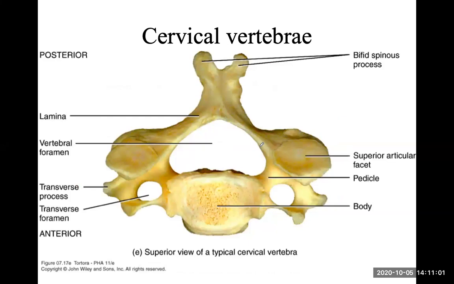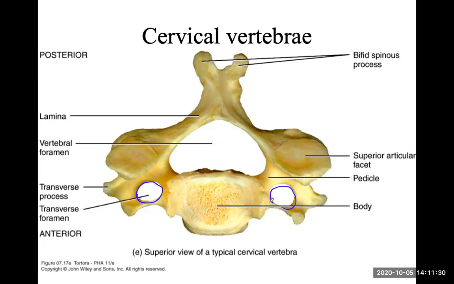Now, in this picture, I'm showing you a cervical vertebra. One of the more visible structures in the cervical vertebra is the fact that they have an extra paired opening. In addition to the vertebral foramen, these openings, right here and right here, are called transverse foramen, and they're found close to the transverse process.